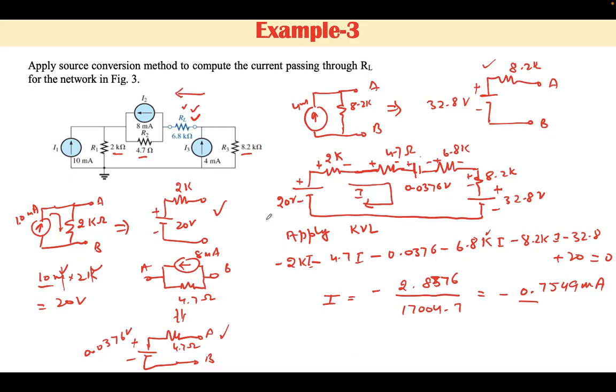Hence the current in the 6.8k resistance is equal to the magnitude of I, which is 0.7549 milliampere. This is the answer.